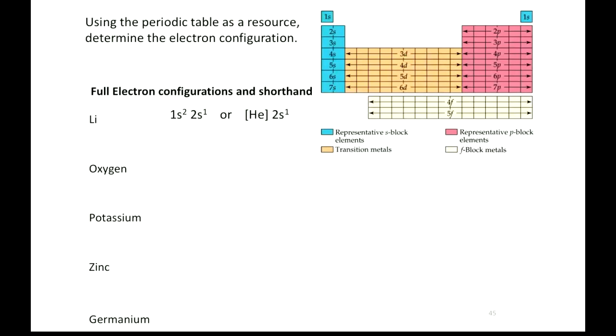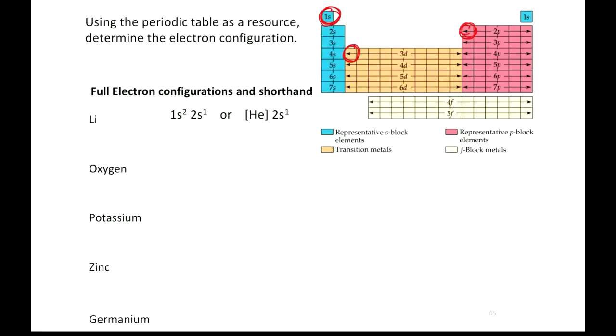And so what I want you to recognize is that your 1s start at hydrogen, your 2p's start at boron, and your 3d's start at scandium. So if you're given an element, all you need to do is locate it on the periodic table and work your way from hydrogen all the way up to that element until you've placed the appropriate number of electrons in there, all right?